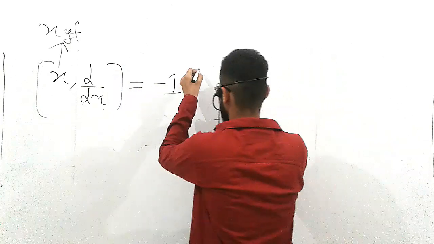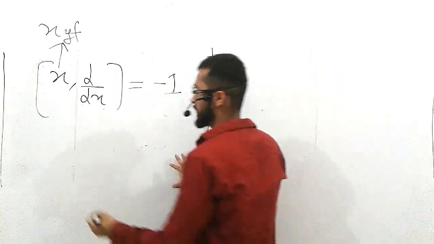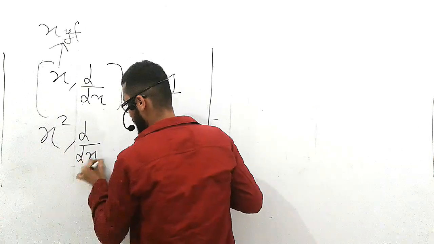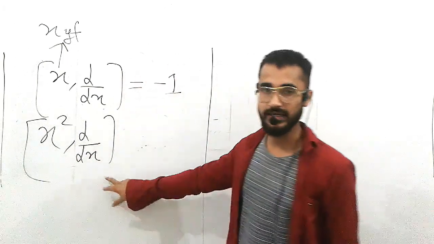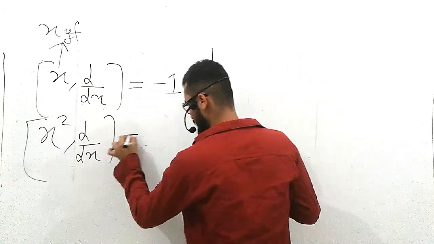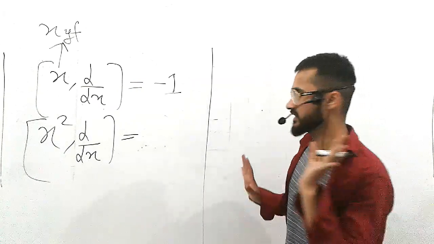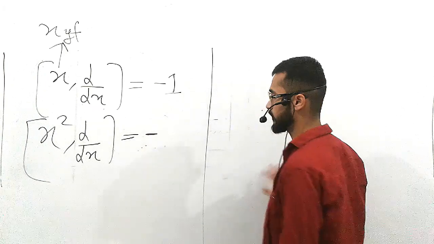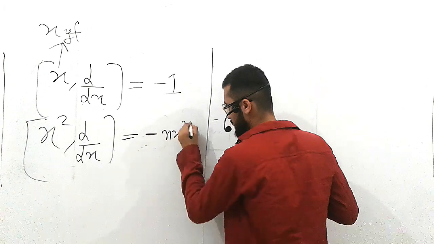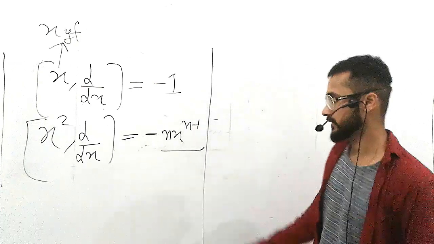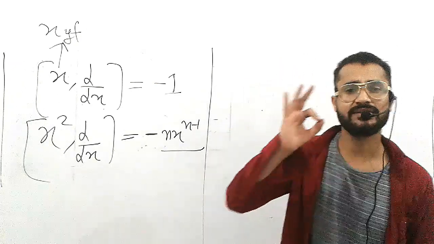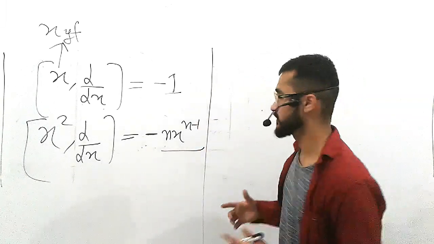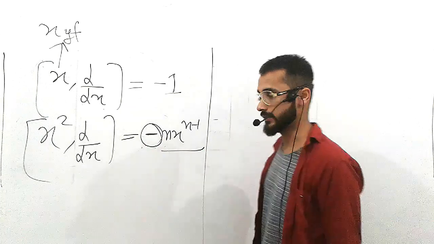Now based on this example, I'm writing x square d by dx. Just remember the basic formula. Minus is right here, and what we have to do is n x power n minus 1. We apply the basic differentiation formula here, only remembering this negative sign.